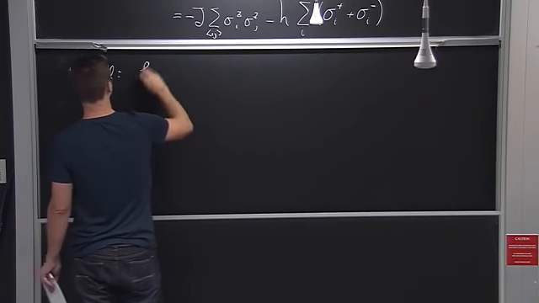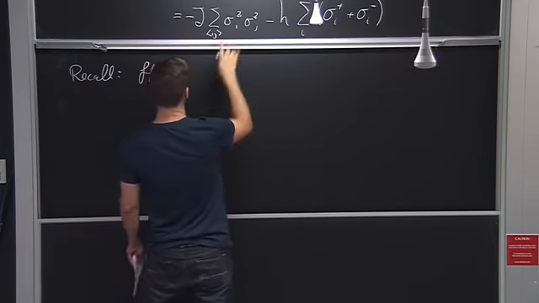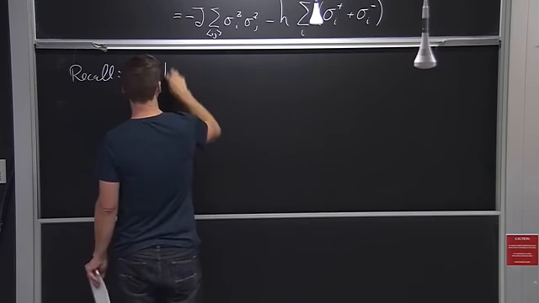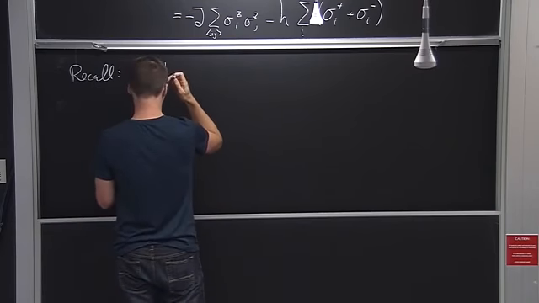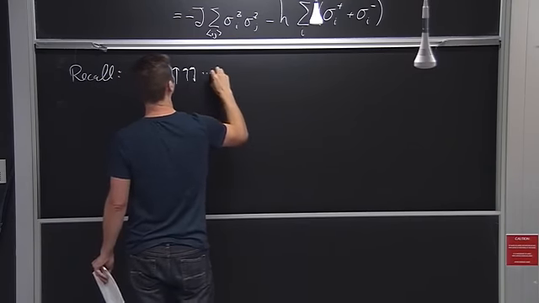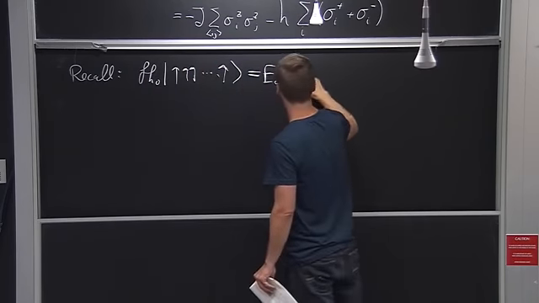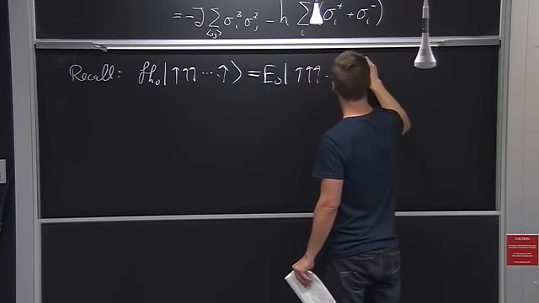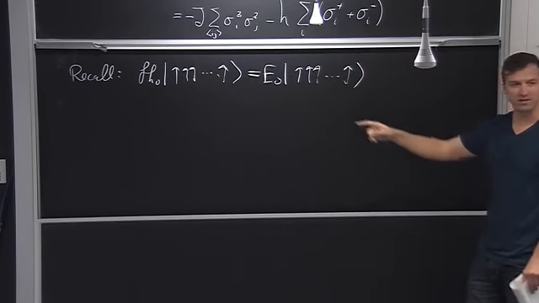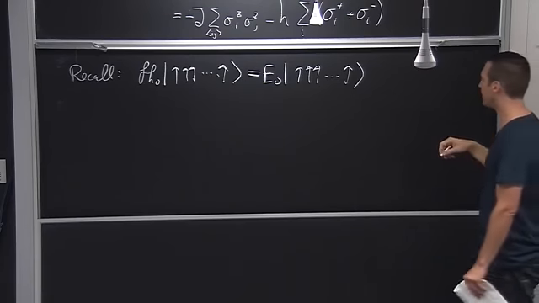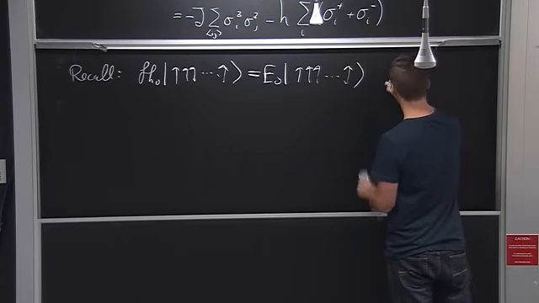Recall your perturbation theory. H naught applied to the ground state gives you this eigenvalue, which is just the classical energy of the d-dimensional Ising model.